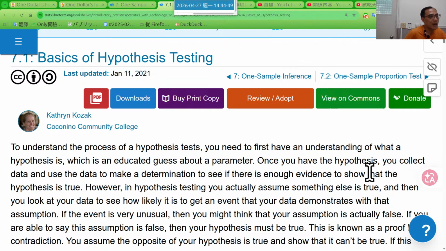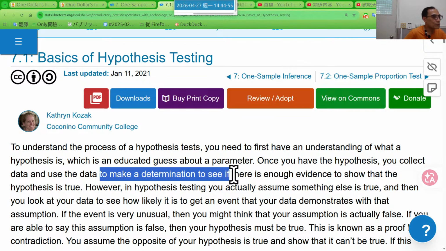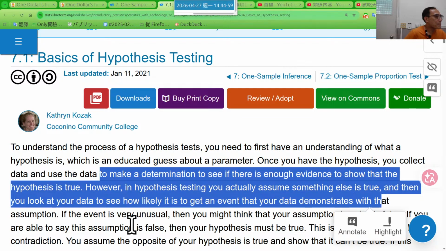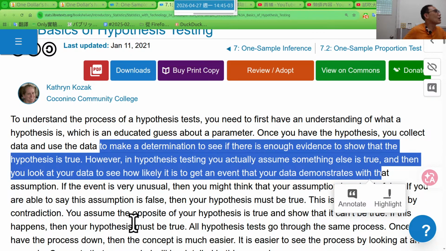Once you have the hypothesis, you collect data and use the data to determine if there is enough evidence to show that the hypothesis is true. I think you can understand all these English terms here, but when you put them together, you get lost.